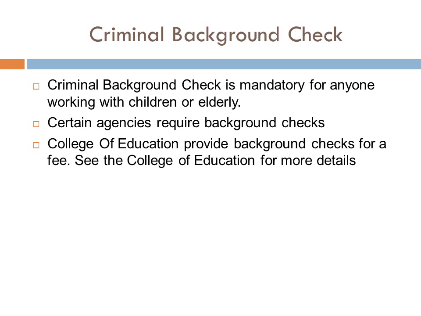For those of you who intend to work with elderly or children, a background check is mandatory. So that means for those of you who intend to work in school counseling, you will have to get a background check. However, for those of you in clinical mental health, there are some agencies that still require a background check.